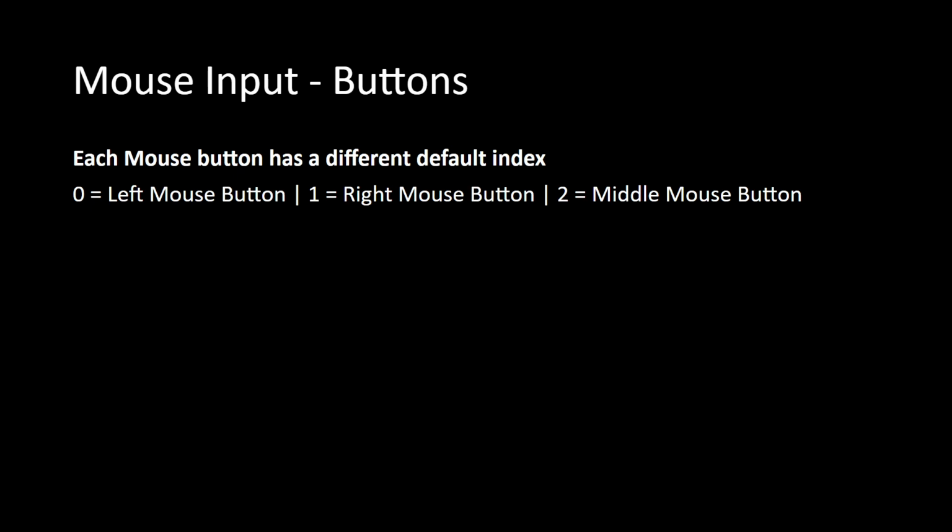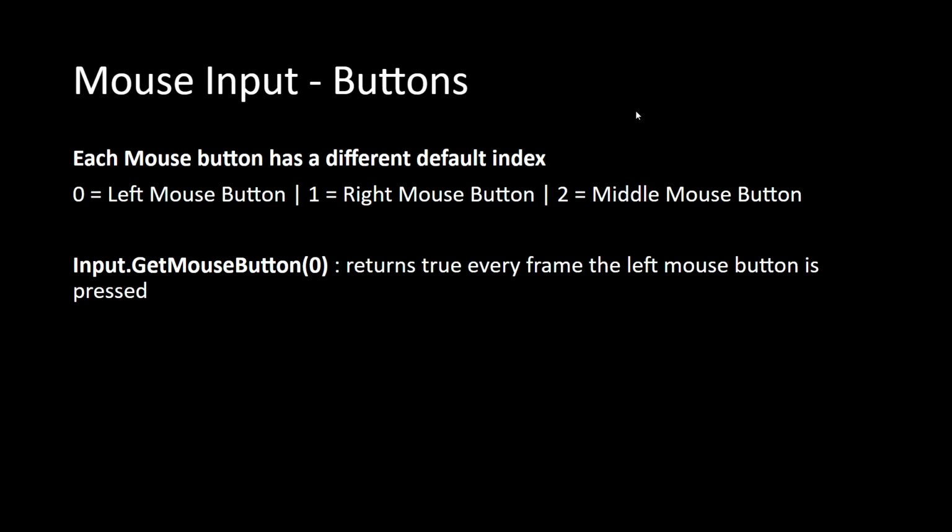Then 1 was the right mouse button, so we had left and then right, and then 2 being the middle mouse button. So 0, 1, 2. Not all mice had 3 buttons, so we just assumed left and right were the first ones, and then 2 is the middle one. So it's a little bit odd. After that, it just becomes the Wild West, how you're naming all your buttons.